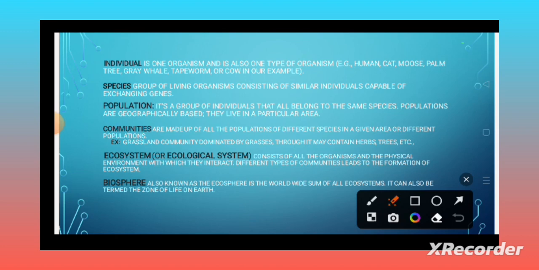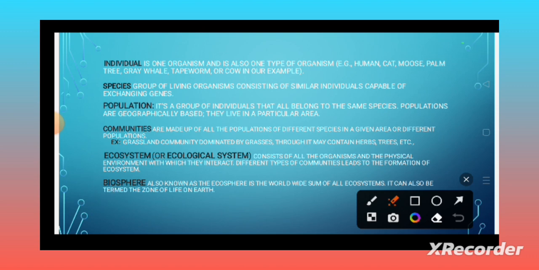And what is a community? The formation of different populations leads to the formation of communities. Example: a grassland community is dominated by grasses, though it may also contain herbs, trees, shrubs, etc. And the ecosystem, as we know, is formed by different communities, and it leads next to the biosphere.